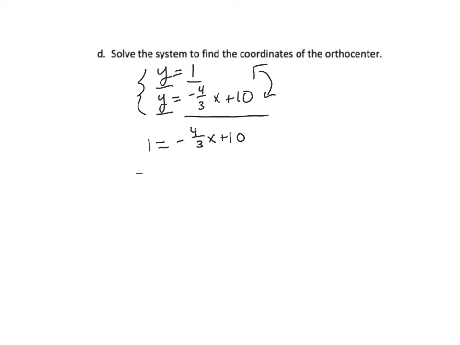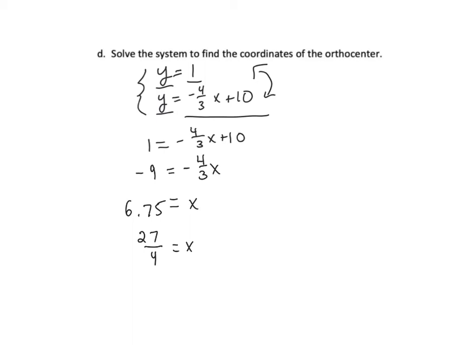Now we get negative 9 is equal to negative 4/3 x. And then we just need to multiply by negative 3/4. And we should get 6.75 is equal to x, or as a fraction, 27/4 is equal to x.